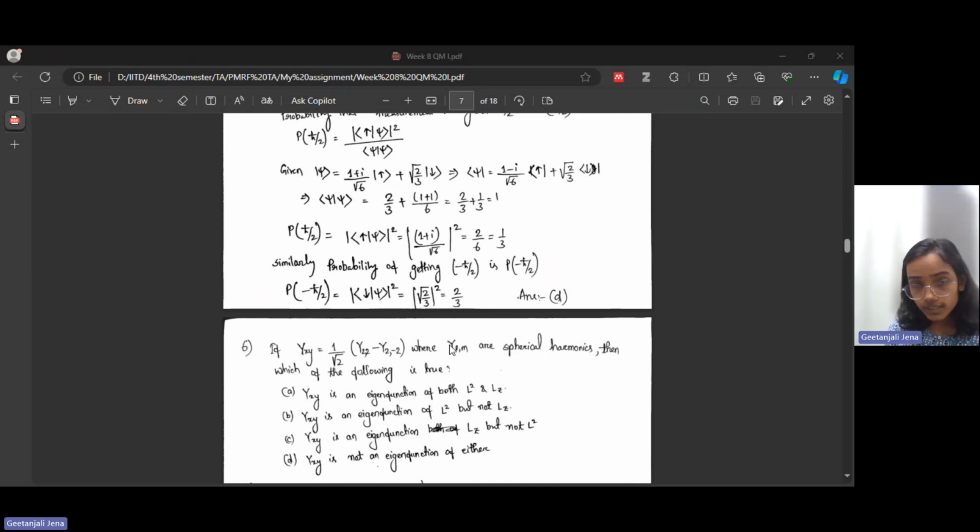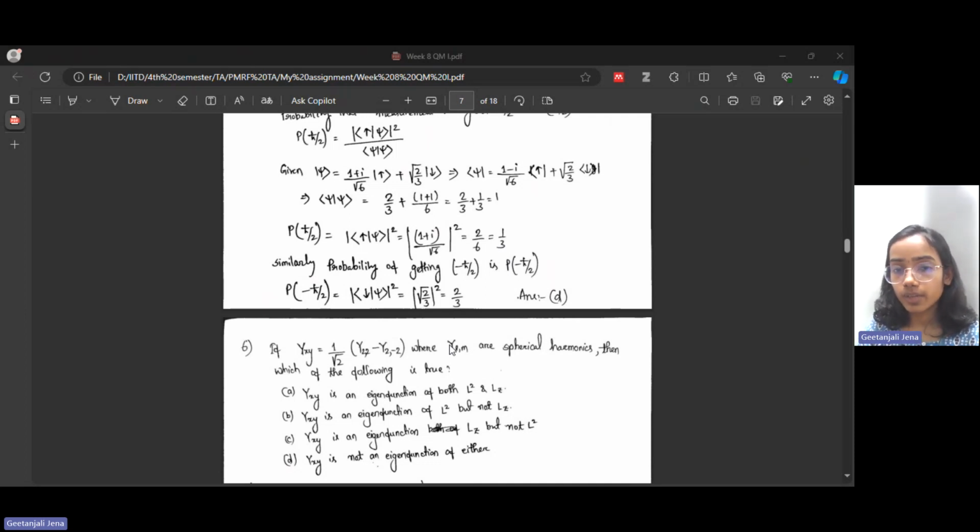It is telling psi equal to 1 by root 2 (Y22 minus Y2 minus 2), where Ylm are the spherical harmonics. Then which of the following is true? Psi is an eigenfunction of both L square and Lz.